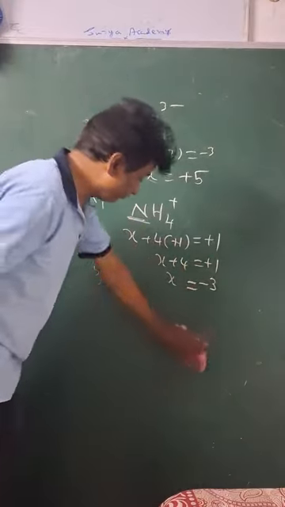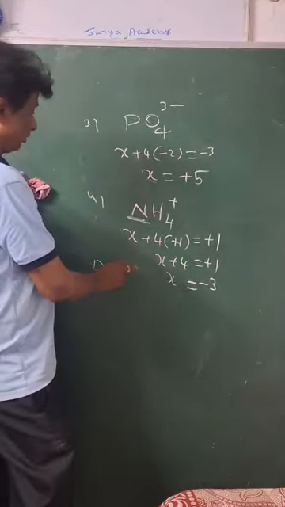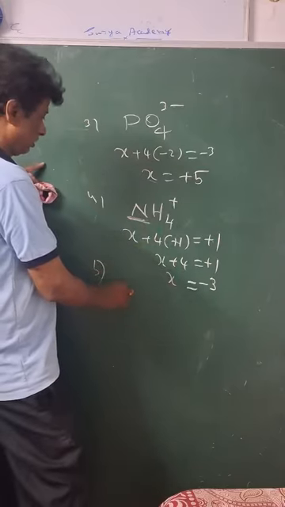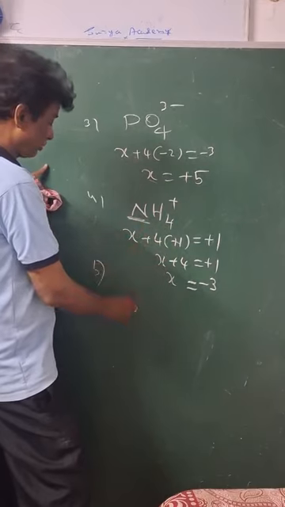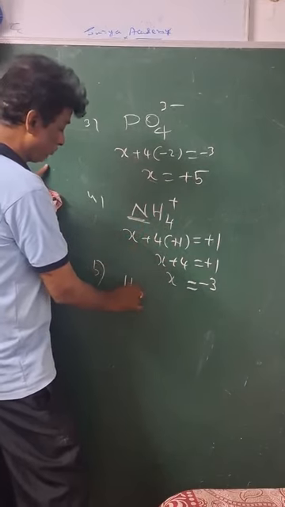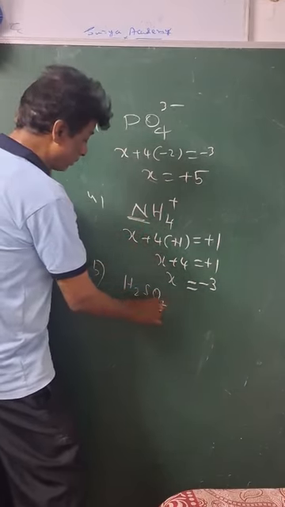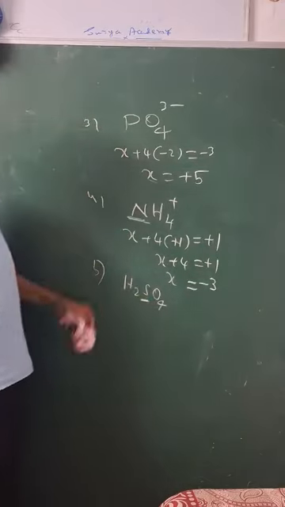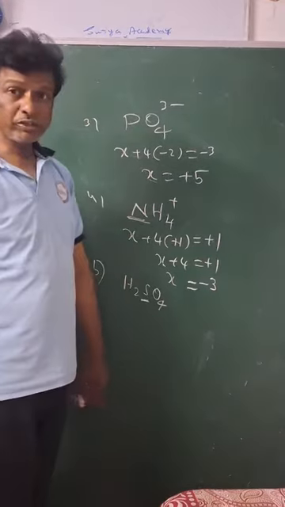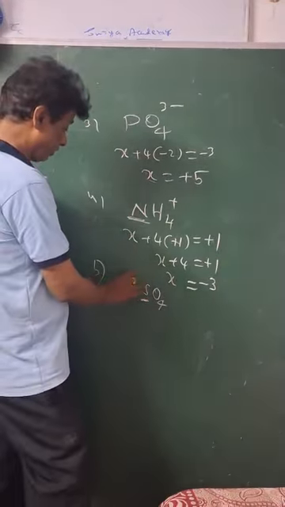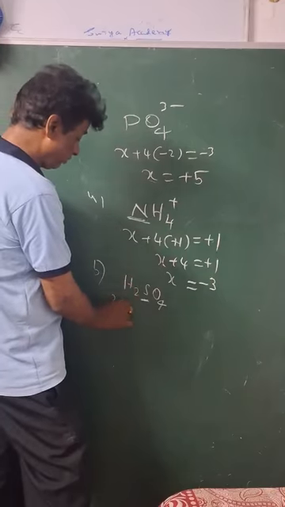Next one. I take sulfuric acid, H2SO4. What is the oxidation number of sulfur? Tell me, how many elements are there? 3: hydrogen, sulfur, oxygen. Hydrogen is plus 1, 2 into plus 1.